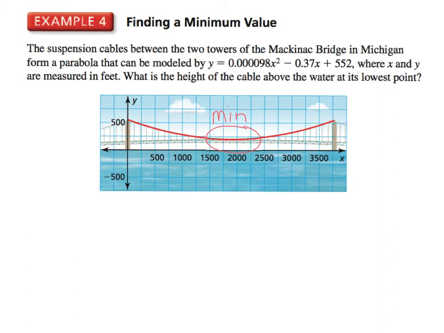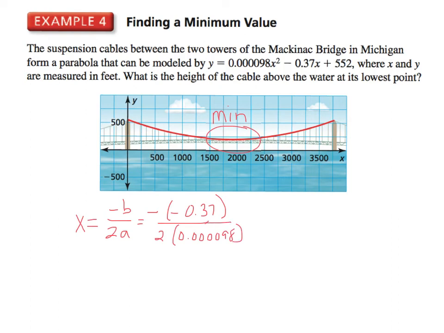Well, how do you find the minimum? All you do is plug in your x value, which is -b over 2a. Negative b would be negative, and let's see, b would be negative 0.37 over 2 times a, which is 0.0000098.